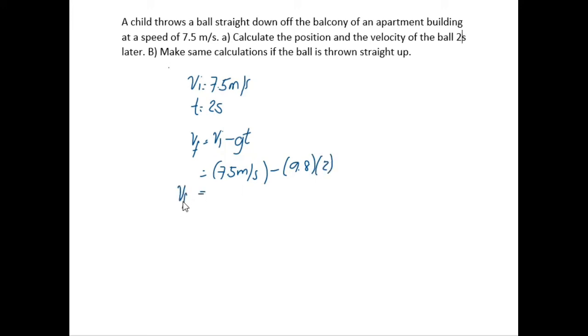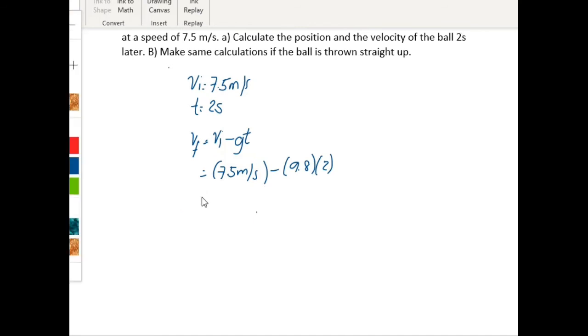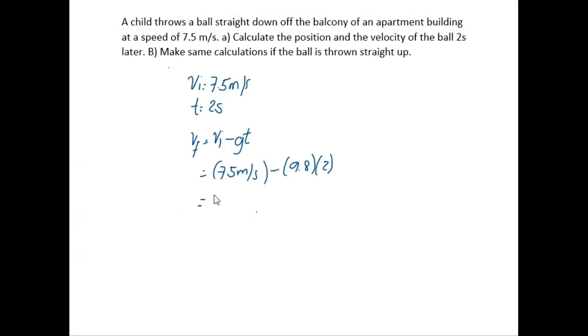So let's take a look at the final velocity. For the final velocity, we have negative 12.1 meters per second. Then we also have to look for the position or the distance after 2 seconds. So we have distance equals VIT minus 1/2 GT squared.